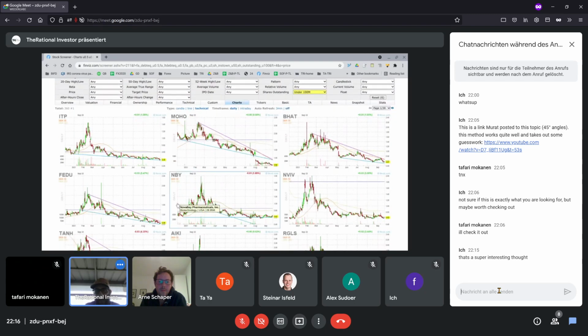Right off the bat, this one looks pretty good to me. I already own it, but we have obviously bottom of range. Most likely it's right at bottom of range. We can't see to the left here, but we've got W's trying to come in. Compare that to this one, which I happen to own and bought too early, which is still making new lows, right?